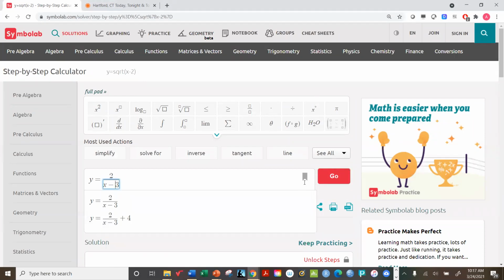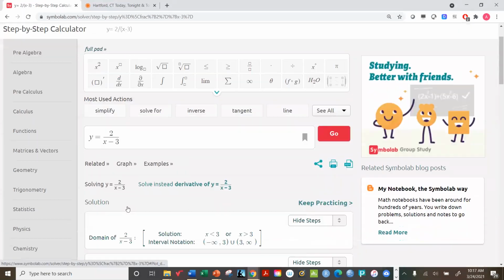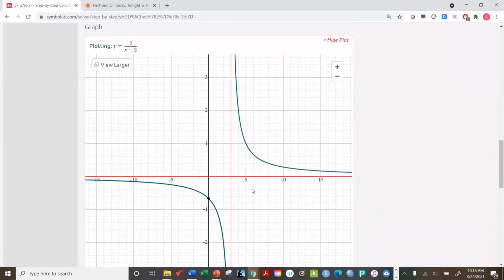The domain is usually easier to visualize than the range, but let's find out what's going on here. Oh, so just as we suspected, there it is. So this is x equals 3. So in other words, y itself cannot, as you can plainly see, y cannot equal 0.